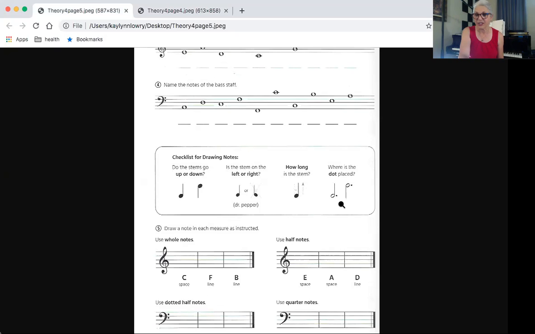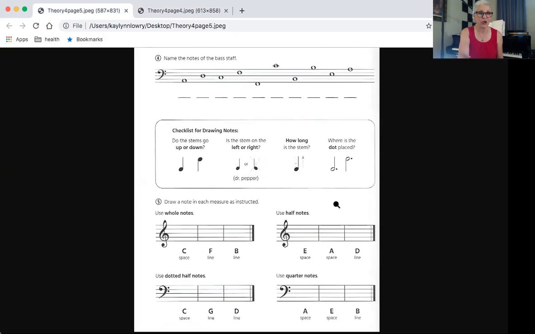Lastly, where is the dot placed? The dot always goes to the right, always. And you want to make sure that it's in a place where it can be seen. So it doesn't really need to be on a line. It needs to be in a space where it can be seen.